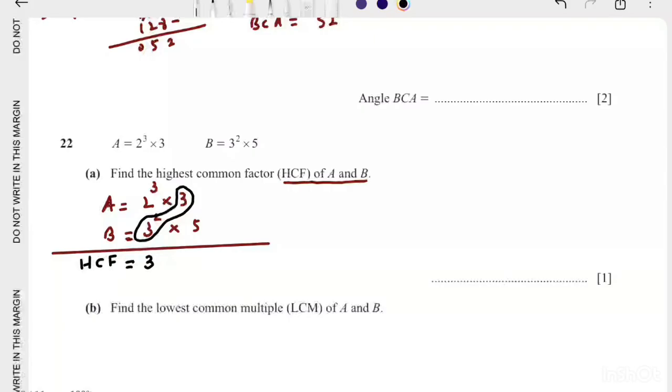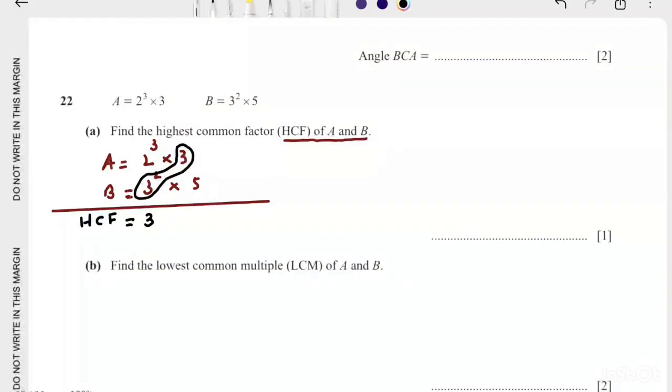Now next part, find lowest common multiple of A and B. So A is equal to 2 to the power 3 into 3, and B is equal to 3 to the power 2 and 5. Now we make loops again.